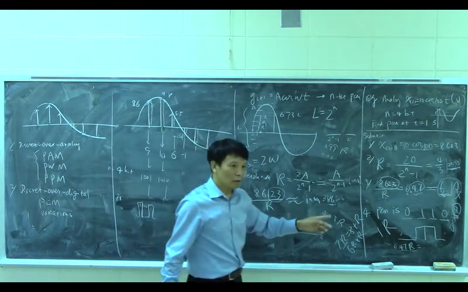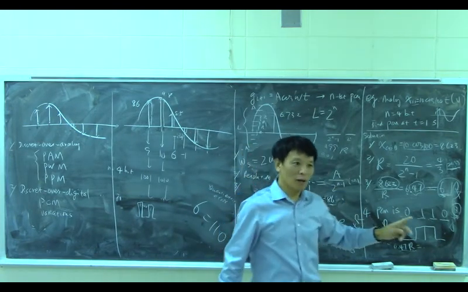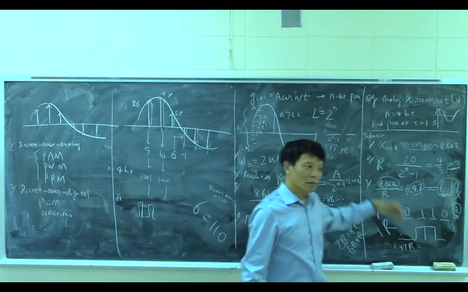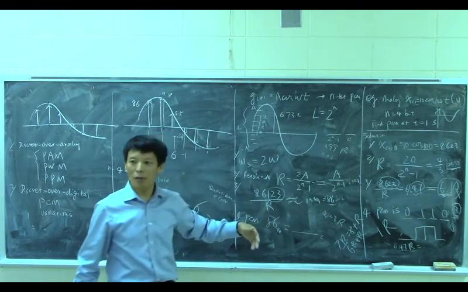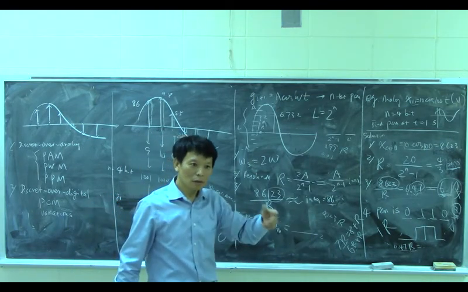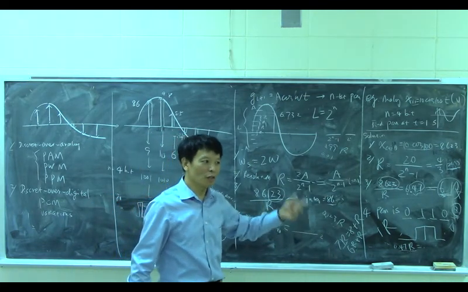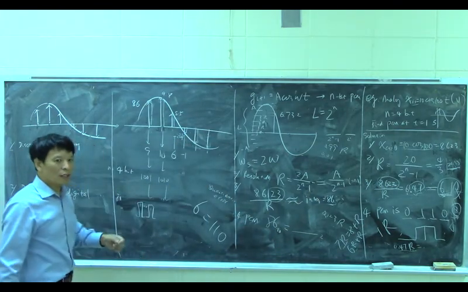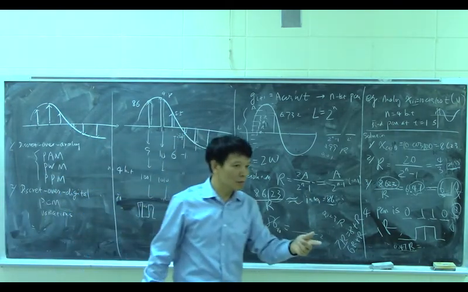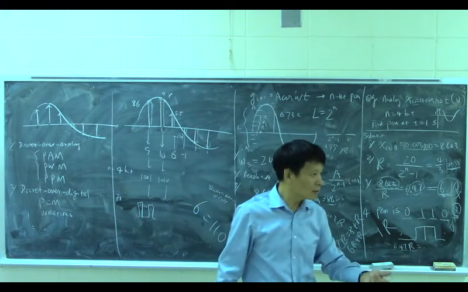Now we know the maximum possible error is how much? 0.5 R.